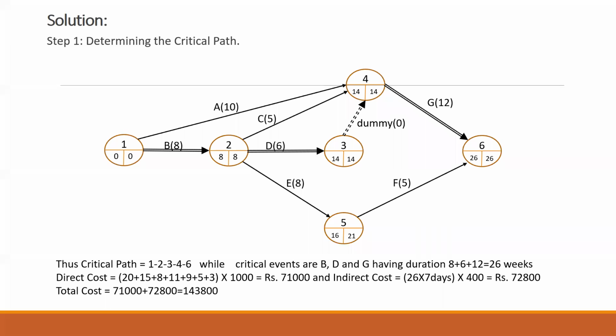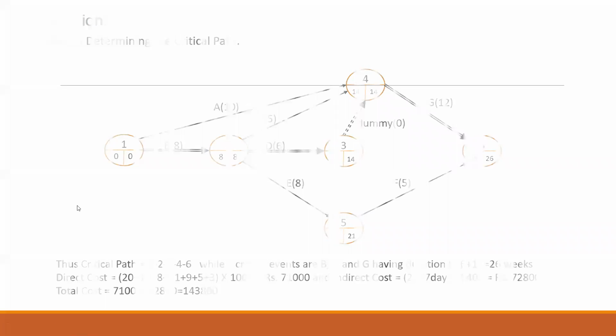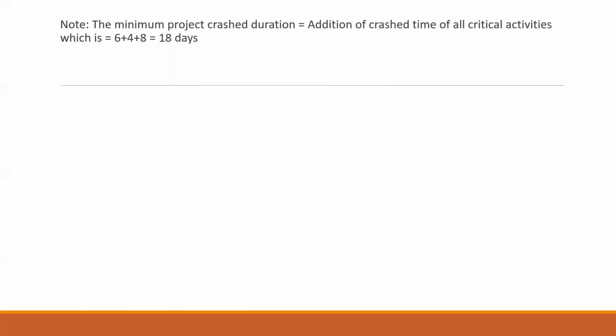What is the next step? The second step is to find the cost slope for the critical activities. So let us go to the next step. Now, the addition of the crash time for all the critical activities is coming to 18 days.